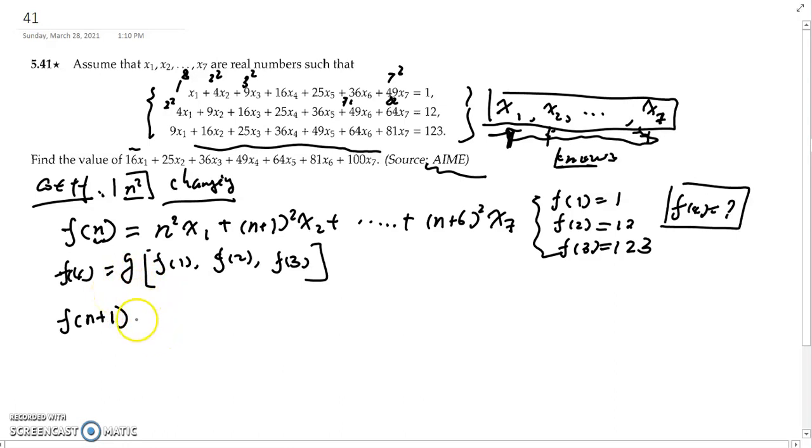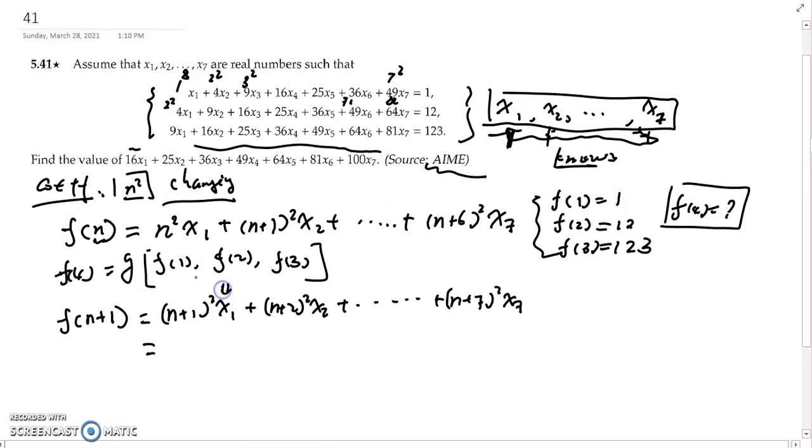So f n plus 1 is n plus 1 square times x1, plus n plus 2 square times x2, and so on, plus n plus 7 square times x7, right? Now you can see we already know n square times x1.